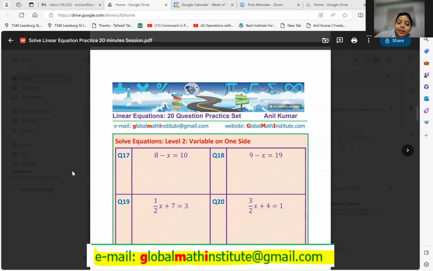I found it good. It was a little different today because, for example, 9 minus x equals 19, question 18. If you look at it, 9 minus any positive number you can think of, 9 minus 10 would not be 19. But 9 plus 10 is 19.